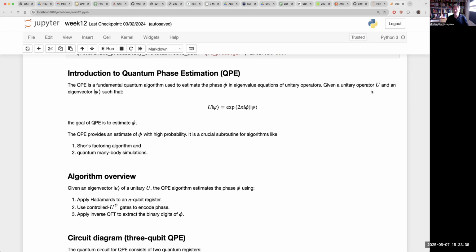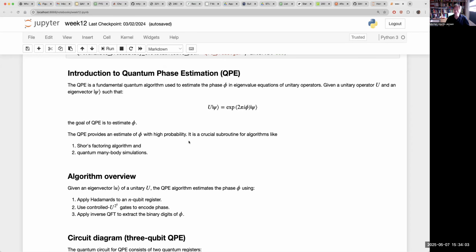And when you have a unitary operator and an eigenvector, such that this relation here is obeyed, then the goal of the QPE is actually to estimate this phase phi. And this is a basic recipe by which we can try to get the eigenvalues of a specific Hamiltonian. And it provides a way to find this with a high probability.